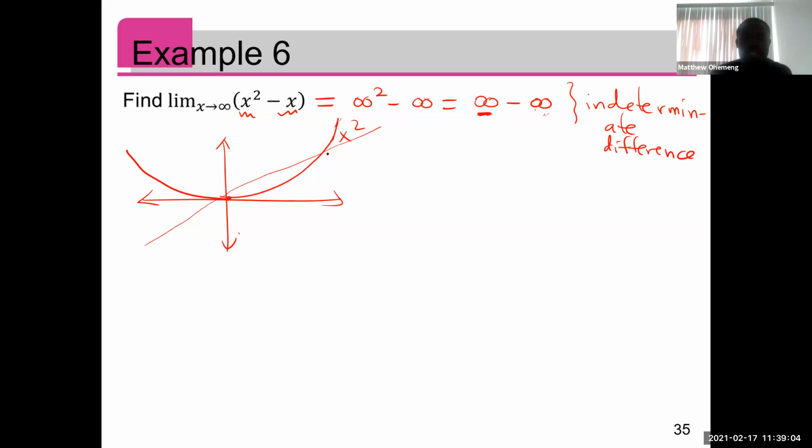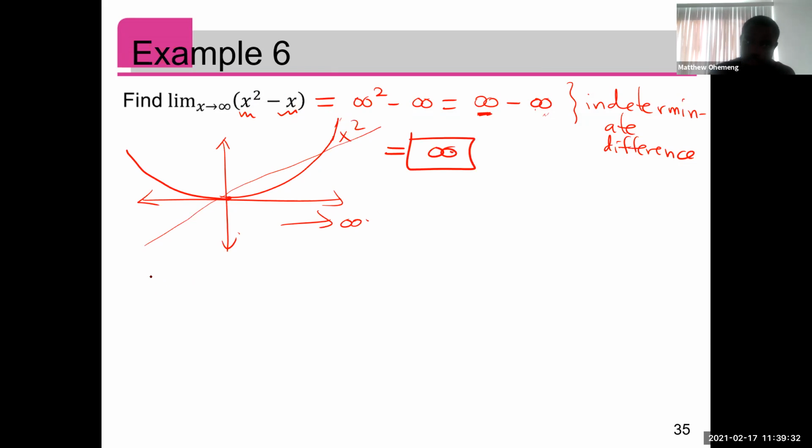Let's look at the ends as you approach infinity, right? At the end, you see that the x squared is standing up like so, and then the y equal to x is like that. So the x squared will be moving faster than the x, right? It will be moving faster than the x. So that means that this infinity is kind of like approaching faster for x squared than the x. So in that case, the answer is what? It's just positive infinity.